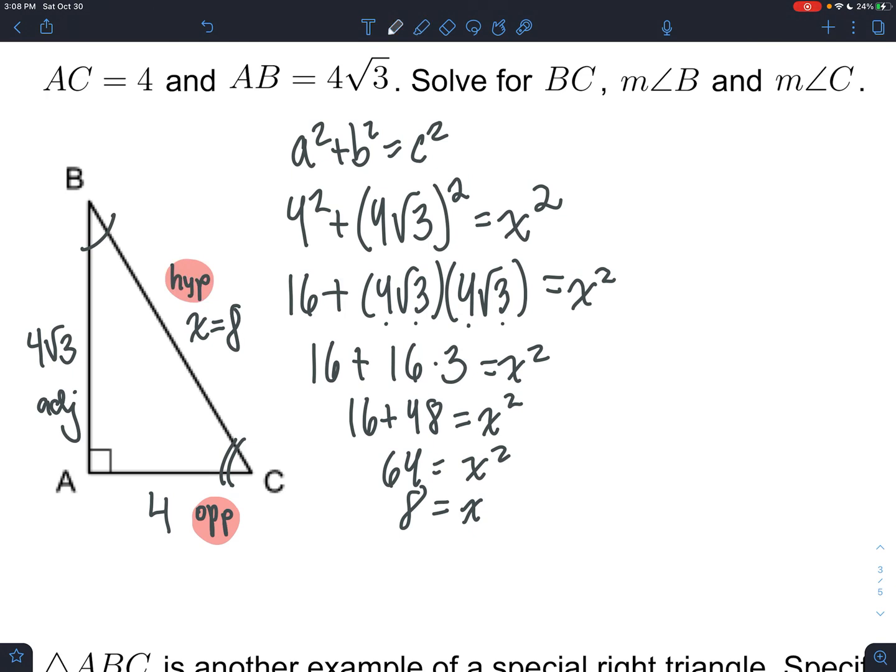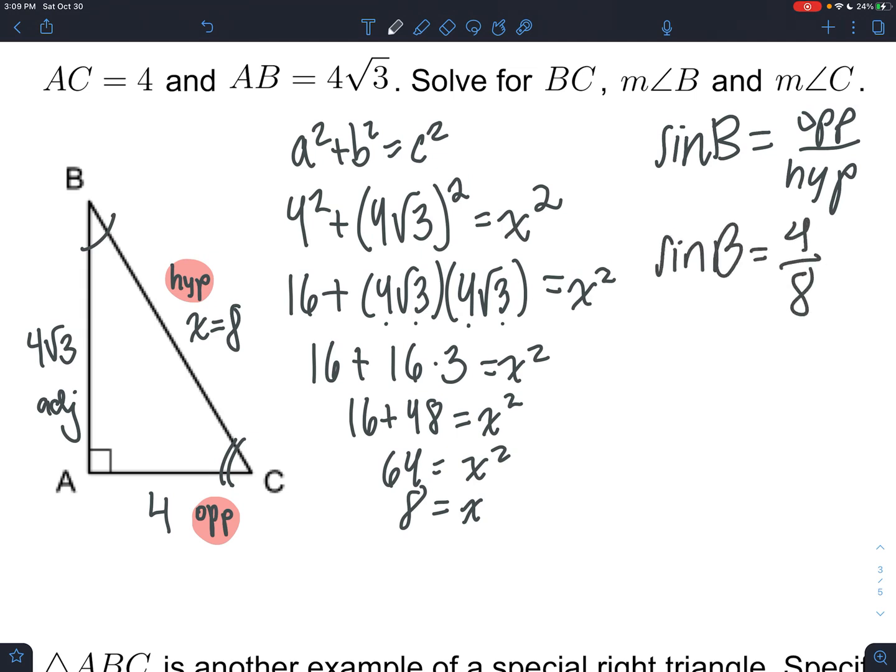That means that, not tangent, sine is opposite over hypotenuse. So sine of B, opposite over hypotenuse, which is equal to 4 over 8. So that B is inside, it's the input to the sine.